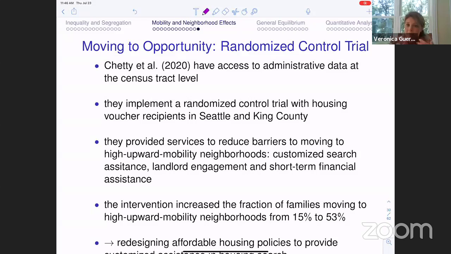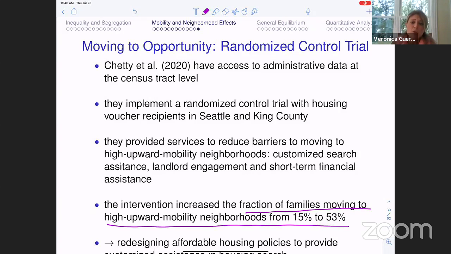So it's not only about the voucher itself, but also about information and help with the search for housing and so forth. In any case, they show that this intervention has a sizable effect. In fact, it increased the fraction of families moving to high upward mobility neighborhoods from 15% to 53%.